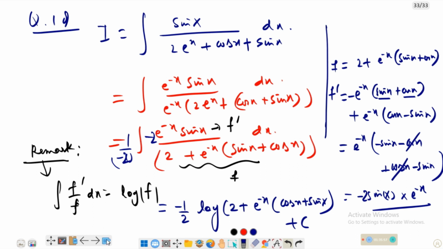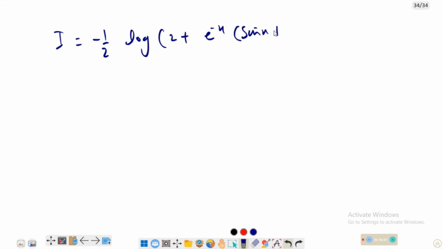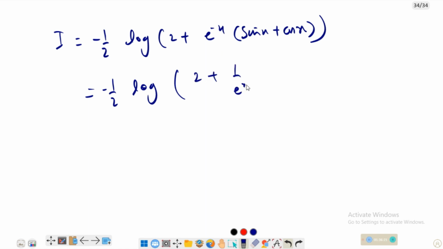So minus 1 by 2, this is equal to minus 1 by 2 log 2 plus e to power minus x sin x plus cos x dx. Okay, so this is also equal to log 2 plus 1 upon e power x sin x plus cos x.